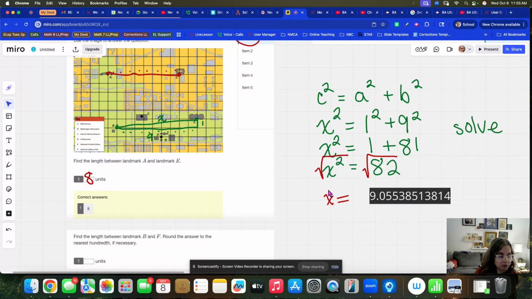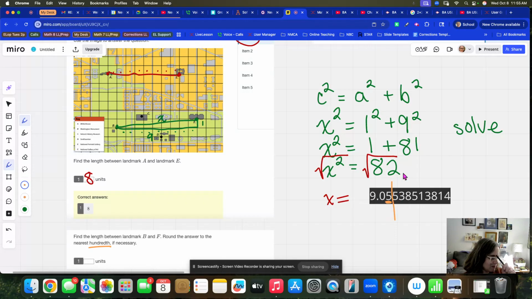Okay, so remember with rounding, what we're really doing is wanting to cut off part of the number, but the ghost of that number will remain. The hundredths place is the second decimal place. Here's what I want to round to, but I want to have the ghost of that number there.